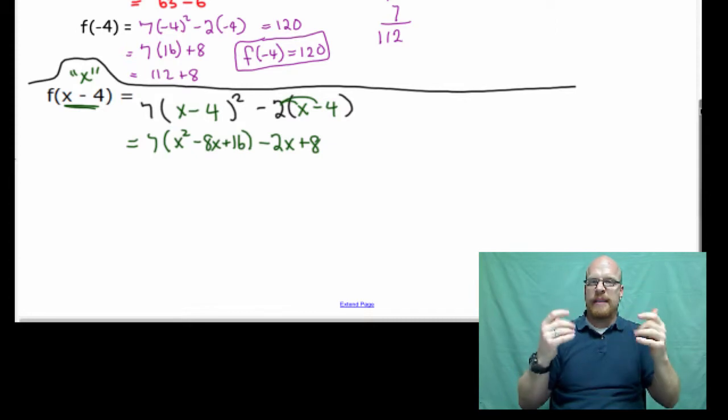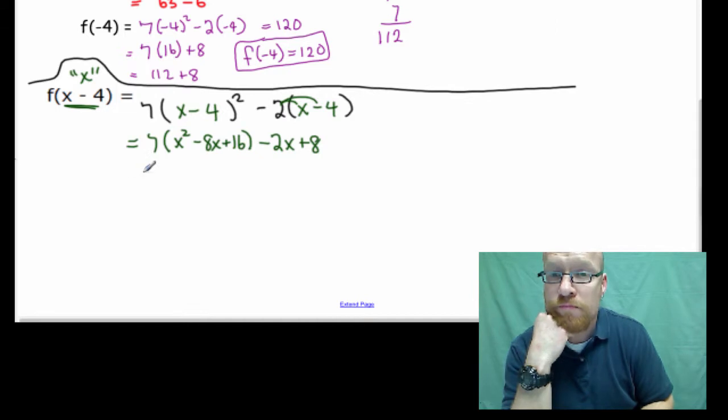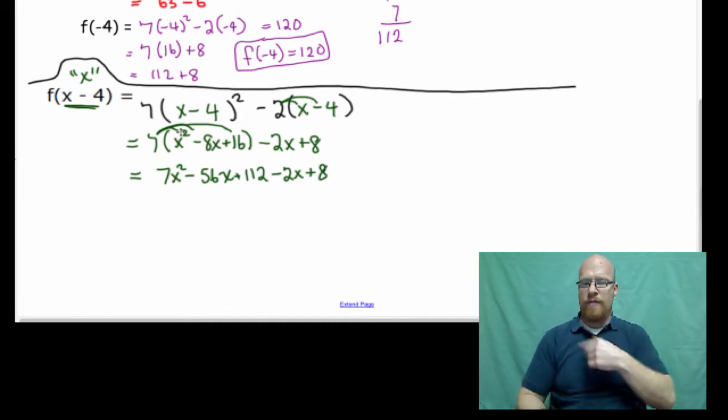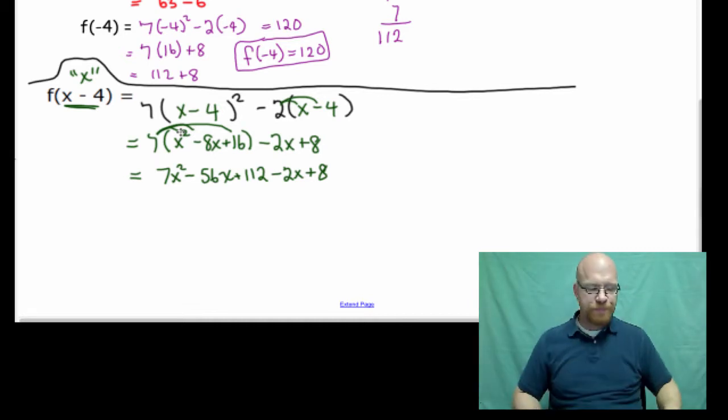Now we'll distribute the 7 over this quadratic, and we'll further simplify the right side of the equation. Okay, now we have all of our terms ready, and we're going to find like terms and combine them if they are like terms.